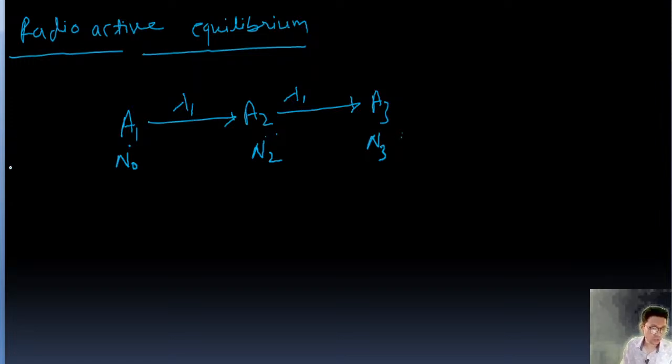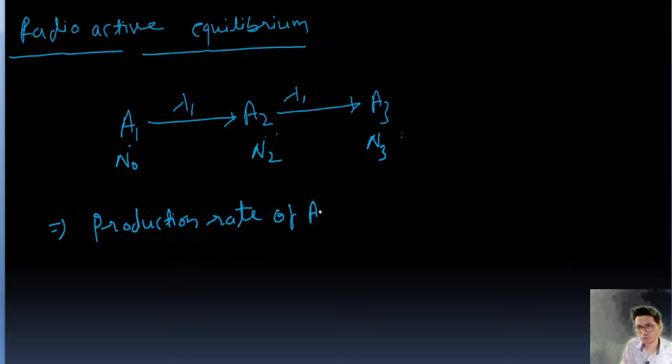Now you need to understand here that at radioactive equilibrium, the production rate of A2 will be equal to the disintegration rate of A1.